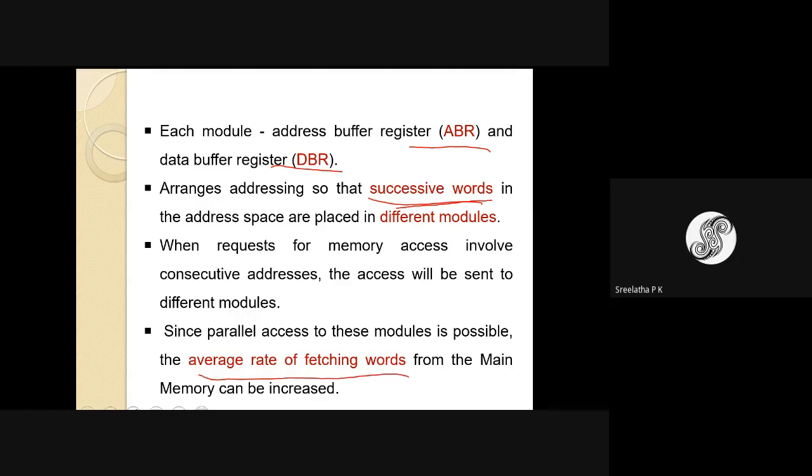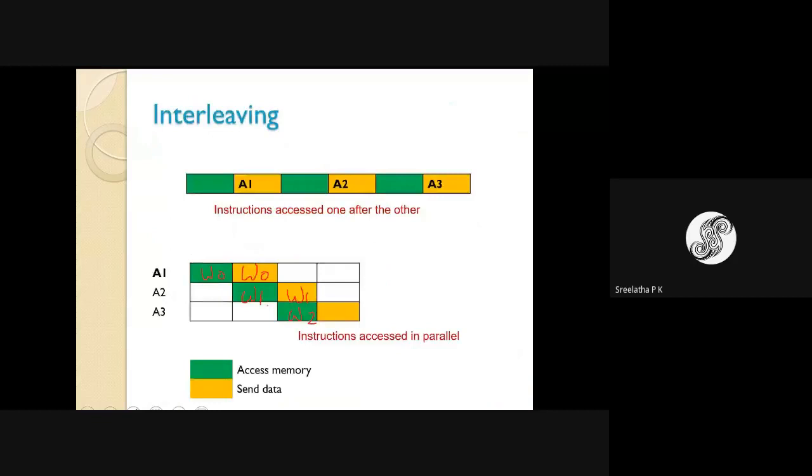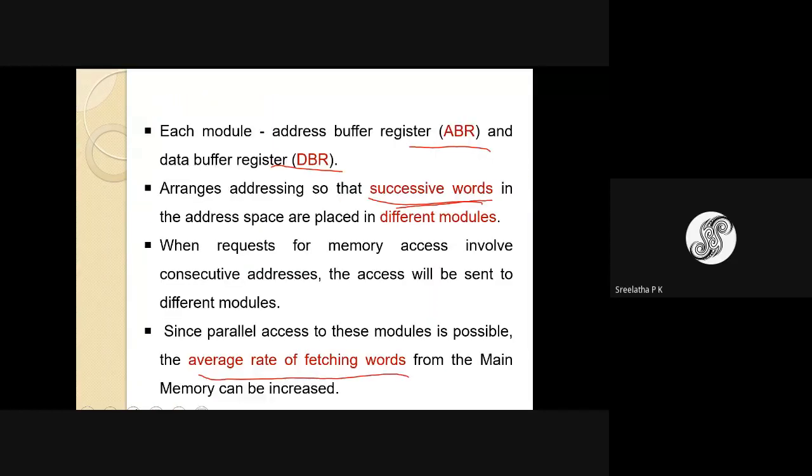The average rate of fetching the words is increased. You would have seen here, when retrieving this instruction itself, only 3 memory accesses, 6 cycles were required, whereas here only 4 cycles are required.